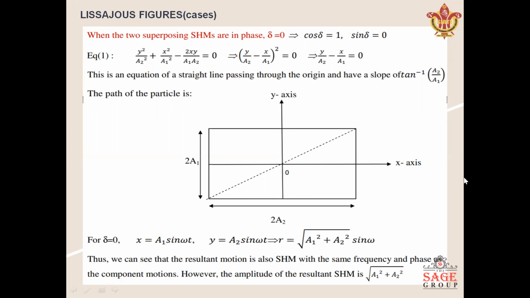When the particle has two simple harmonic motions perpendicular to each other, supposed to be in the x and y directions, we get the Lissajous figure.